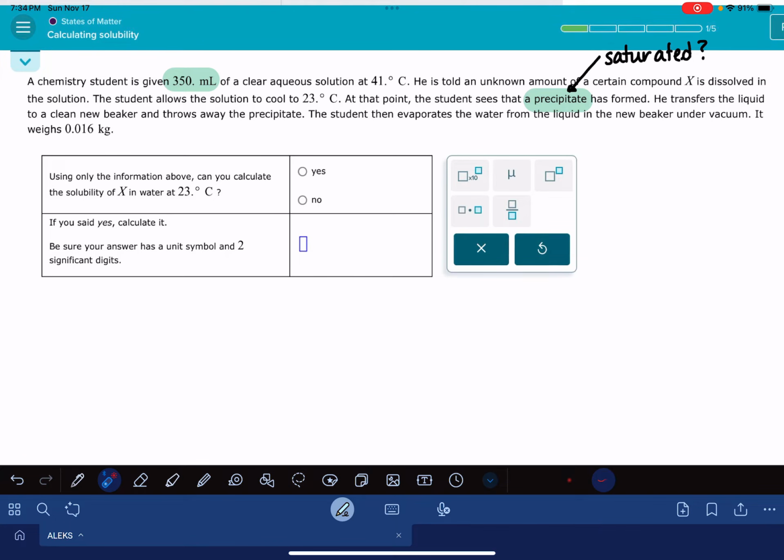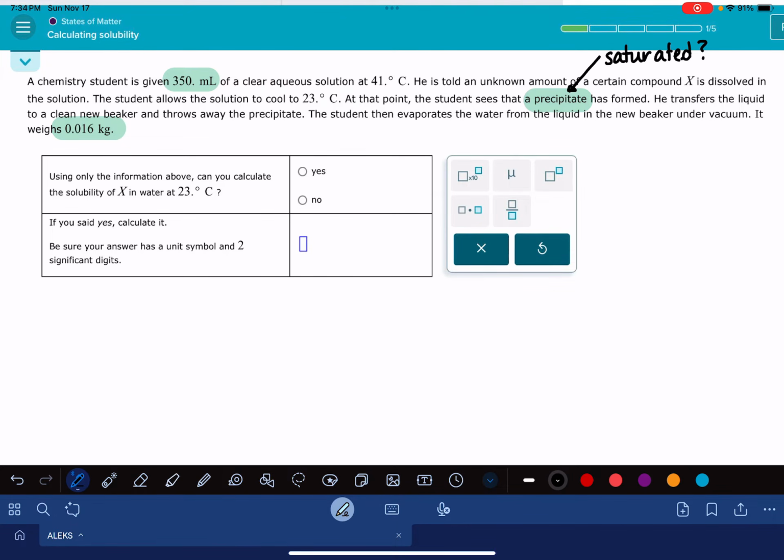So the liquid is transferred to a beaker, thrown away, and the water is evaporated, and the solid weighs 16.016 kilograms. So this is really weird wording on this problem. I don't love the wording of this problem.